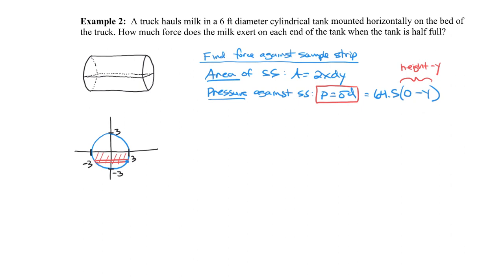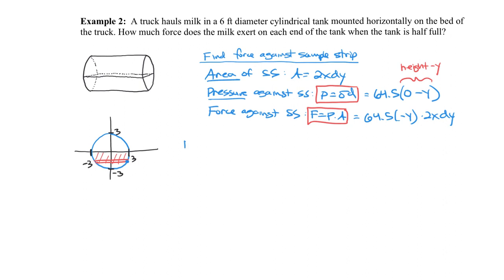Then the next thing we need to find is the force against the sample strip. And that is just going to be force equals pressure times area. Okay, so the force is going to be 64.5 times minus y, just going to get rid of the 0, times 2x dy.